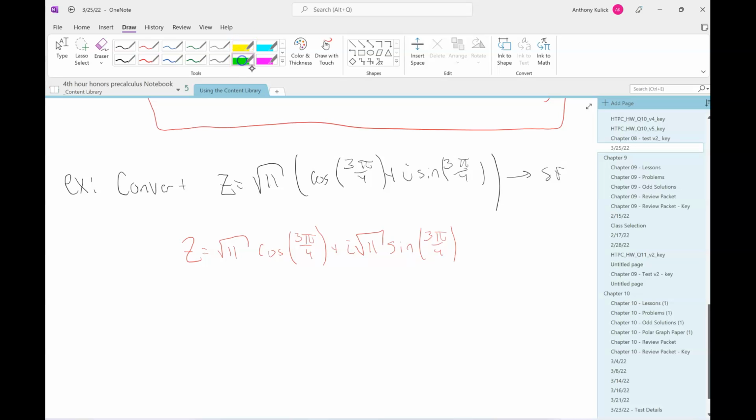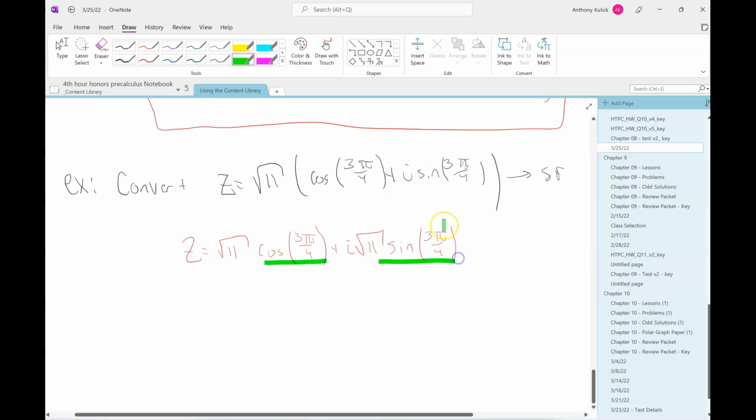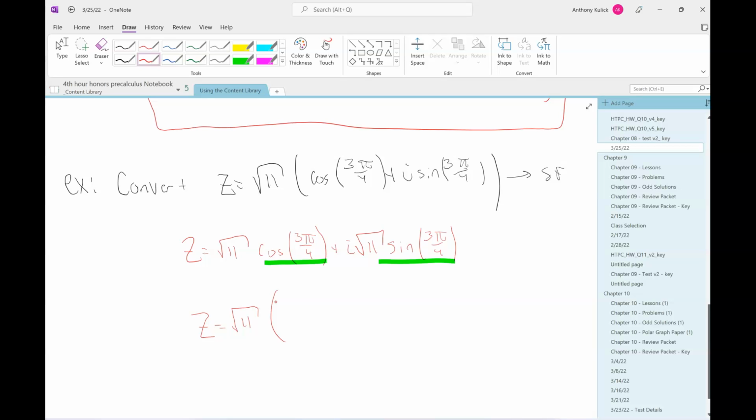Anyways, everybody so far so good? All I'm going to do now is just compute sine of and cosine of 3 pi over 4. I recognize 3 pi over 4 is a unit circle angle. If I look that up on the unit circle, what's the cosine of 3 pi over 4? It's negative root 2 over 2.